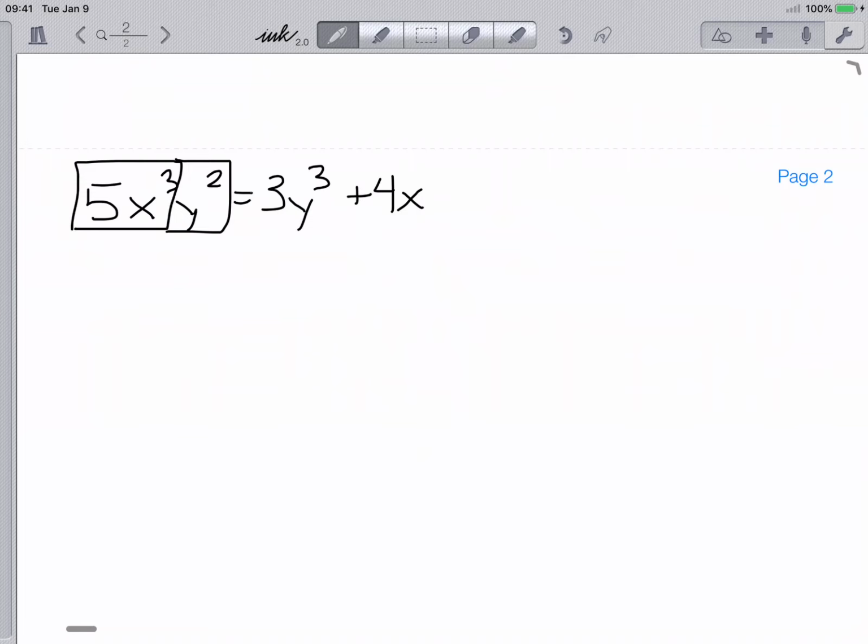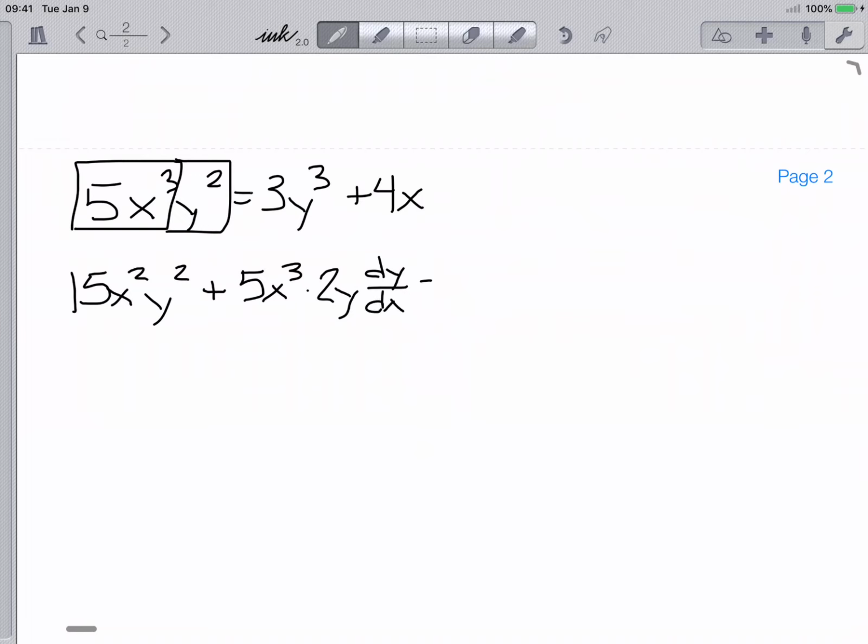X is in the 5x cubed part, and y is a function of x, so that's why I have to use product rule. So I'm going to take the derivative of the 5x cubed, and I get 15x squared, which means I'm going to copy the y squared down, plus I'm going to copy my 5x cubed and take the derivative of y squared, which is 2y dy/dx.